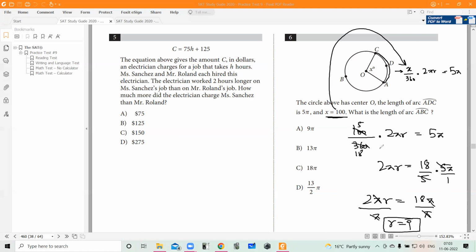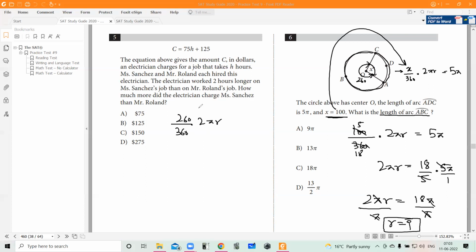Yeah. And then we can calculate the length of the arc ABC. Again, the same formula. Since this is 100, how much will be this? 260. Right. Again, same formula. 260 over 360 times 2 pi r.